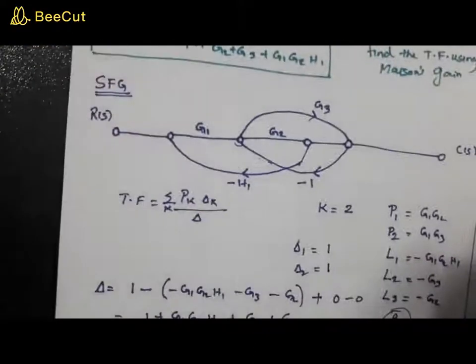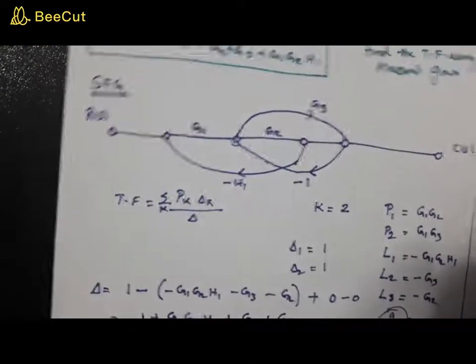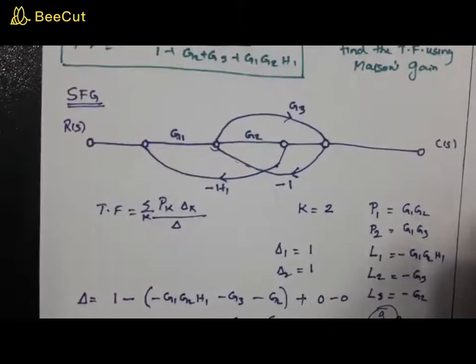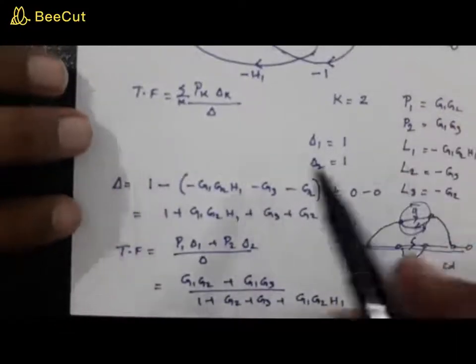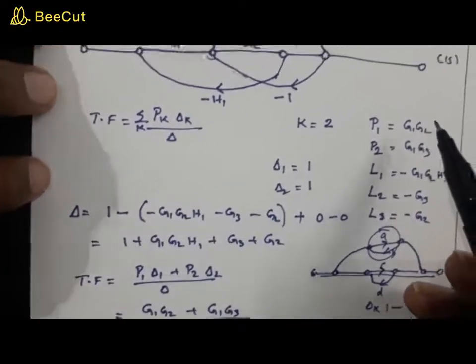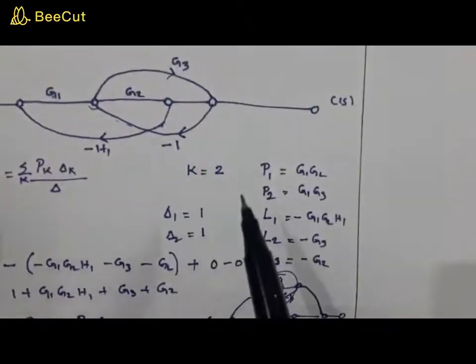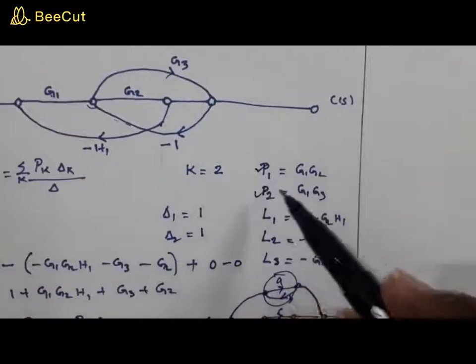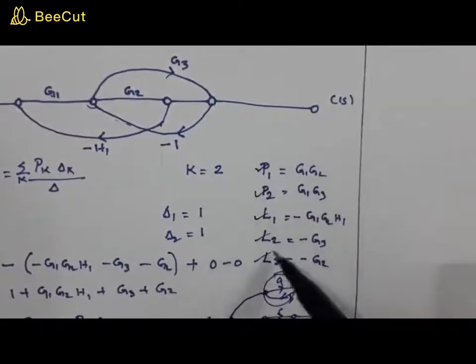Now just look at your work which you have done as homework, how many steps you took, and it is a lengthy process as well, right? Now look at how much easier it is. The only thing you need to do is identify the forward paths as well as loops, right?